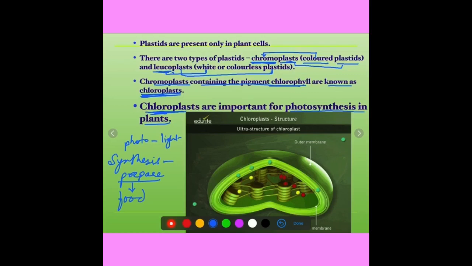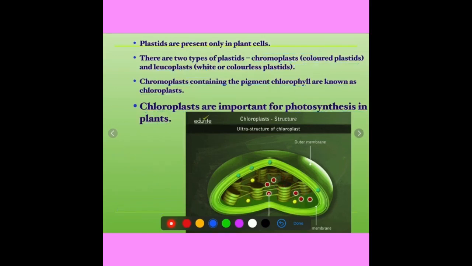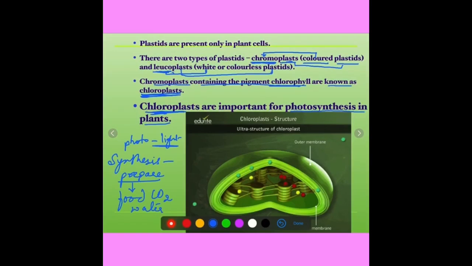Food. By use of carbon dioxide and water in the presence of sunlight. Let us see how the cells do that. The cells are making use of light and producing sugar molecules. Let us see the structure again here.